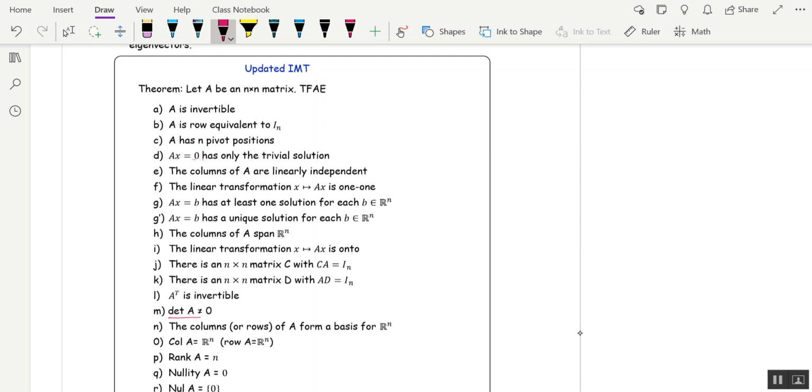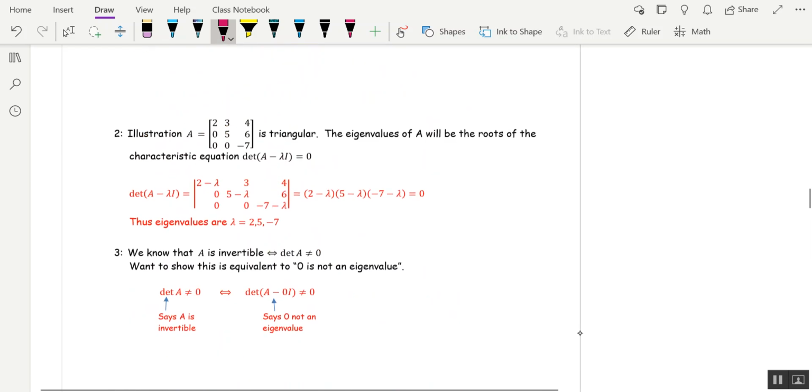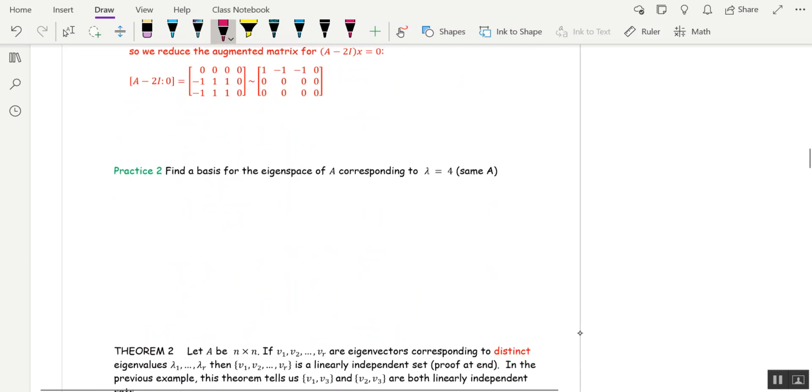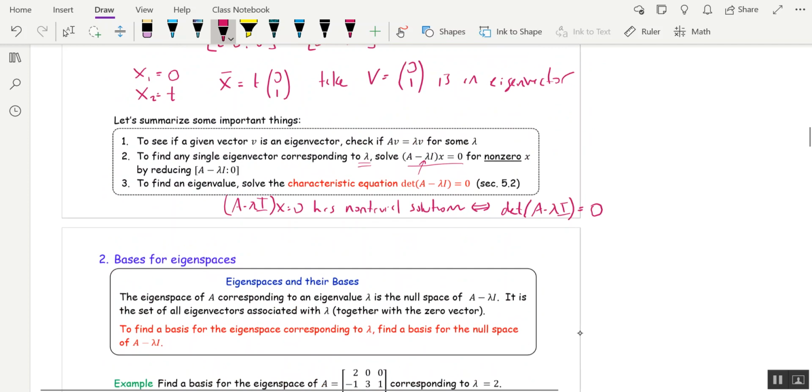So we're using the negation of the IMT. And we'll do more practice finding eigenvalues next time by solving what's called the characteristic equation. This time we're not going to do much of that. Only one example will require that.